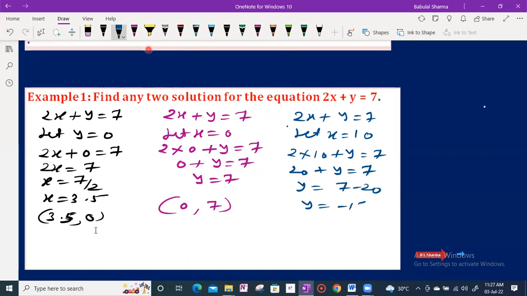So y is minus 13. So third solution, we can write 10, minus 13. These are the solutions of the linear equation which is 2x plus y is equal to 7. We can find out infinitely many solutions of the linear equation in two variables. लेकिन क्वेश्चन में हमें टू ही सॉल्यूशन पूछे हैं और मैंने यहाँ पे 3 दे दिया आपको, बट नो प्रॉब्लम.